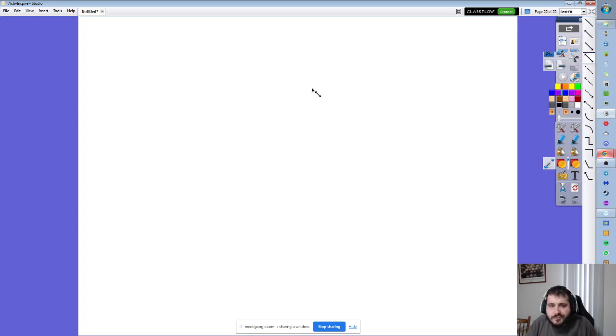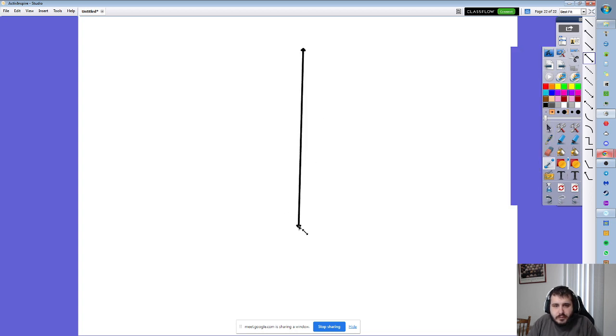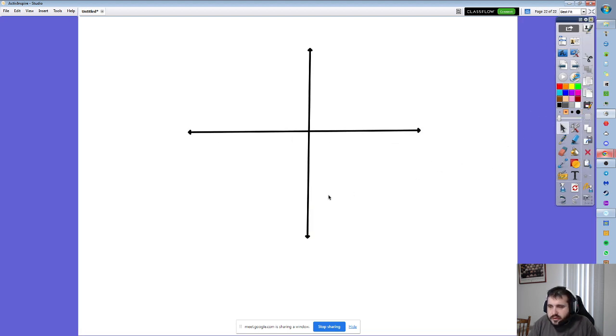Let me get... see if I can do this and not have it be gross. Close enough. Not bad for having to do this all freehand.